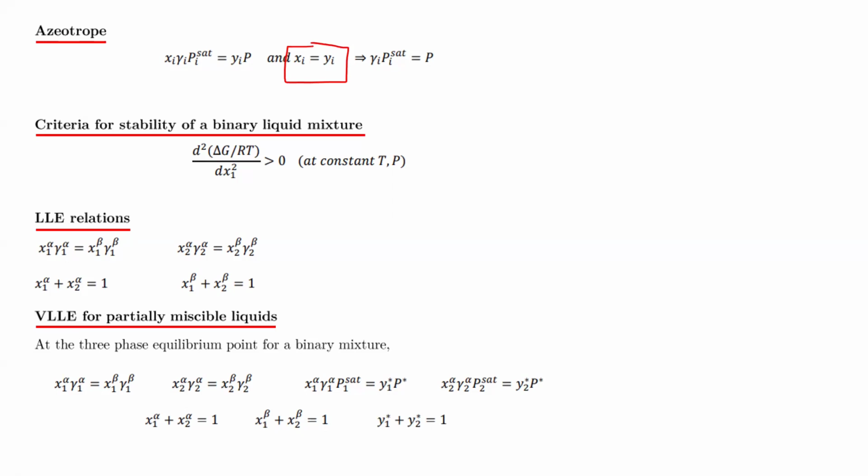Now, coming to the stability of a binary liquid mixture, sir has discussed this: the second derivative of delta G by RT with respect to x1 squared is greater than 0 at constant temperature and pressure. And then, not only vapor liquid equilibrium, there is liquid liquid equilibrium also. You might have studied liquid extraction.